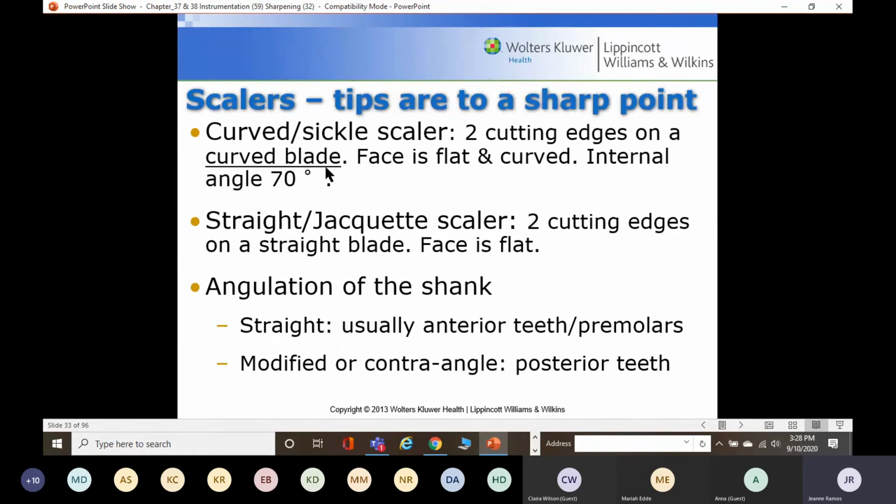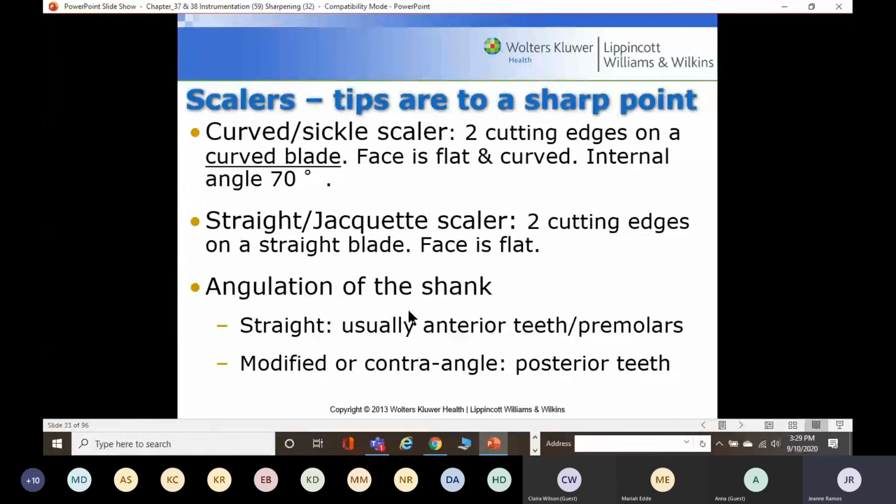Tips are to a sharp point on scalers, with two cutting edges on a curved blade. The face is flat and the back is curved. The internal angle is 70 degrees. The straight scaler is at the opposite end of your rounded sickle scaler, with two cutting edges on a straight blade, and the face is flat.